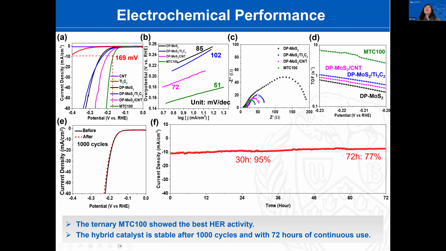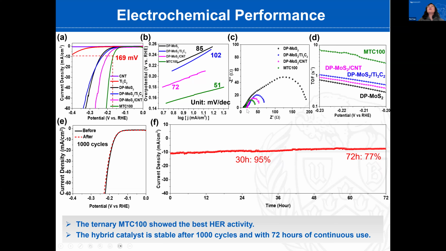And another point is the diameter of the suppressed semicircle, okay? And this diameter is related to the charge transfer resistance, highlighting the barrier for the ion transport at the interface between your catalyst and the electrolyte, okay?